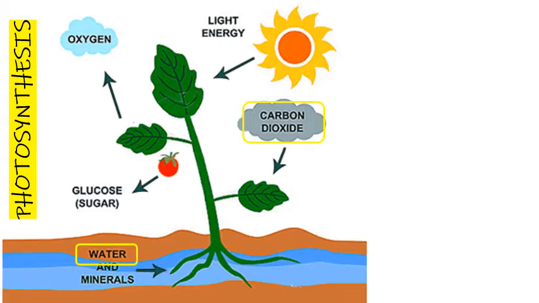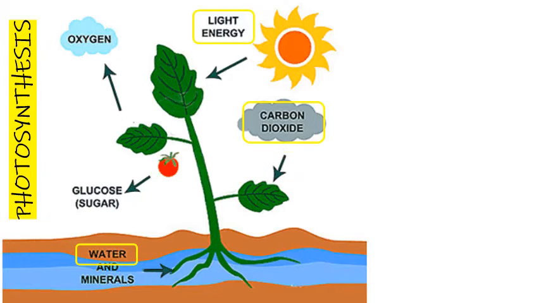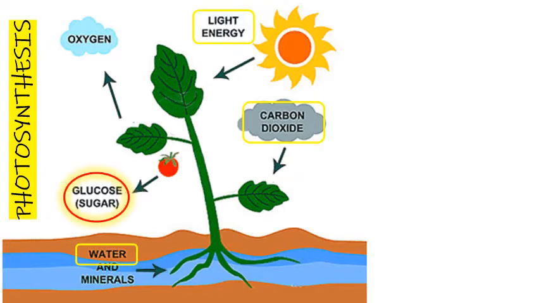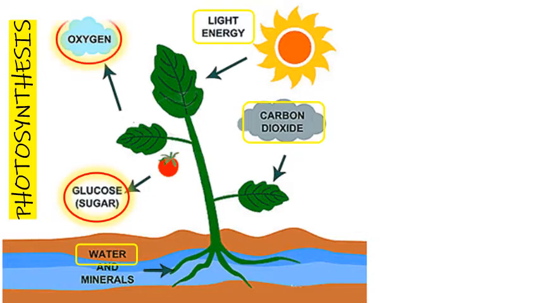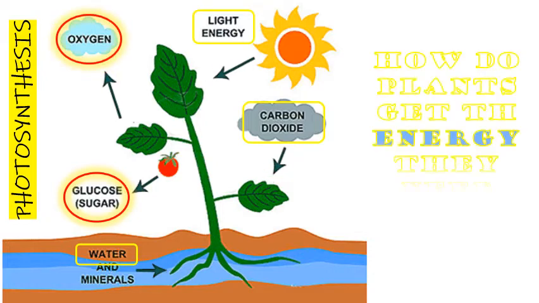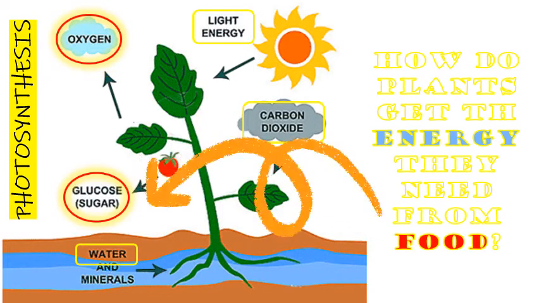These openings are called stomata, right? And they use the sunlight energy to combine carbon dioxide and water and to make their food, which is a kind of sugar called glucose. While going through this process, plants release oxygen to the outside.